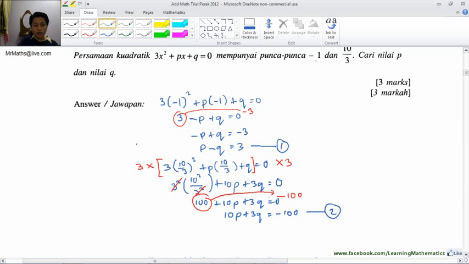From 1, if p minus q equal to 3, then p is equal to q plus 3, because I just transfer minus q to the right hand side, so it becomes plus q. I name that as 3. Then substitute 3 into 2.